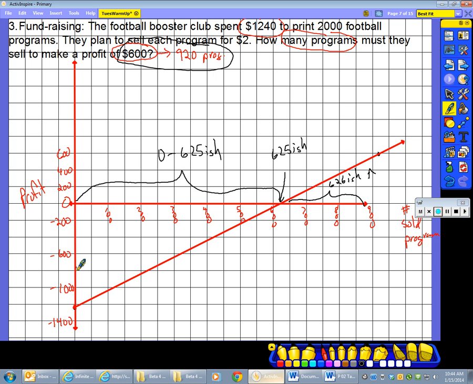Just remember that the key is that you have to stay consistent. You have to count by the same amount every single time, and your spacing has to be the same. So that is number 3.